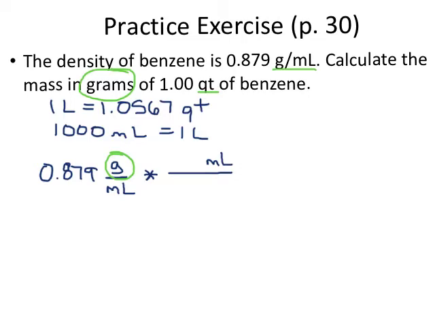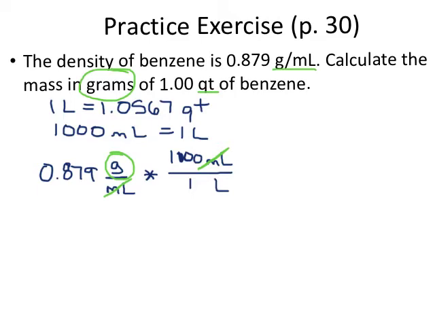Since milliliters is in the denominator, I need to use a conversion factor with milliliters in the numerator in order for that to cancel. I'm going to change my milliliters into liters because that's the first conversion factor I know. Again, I do units first and then I plug in numbers. We know that there are 1,000 milliliters inside 1 liter.